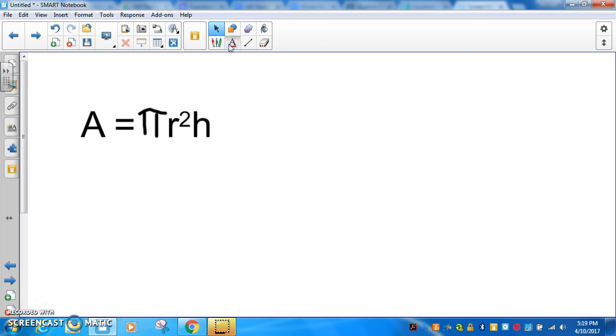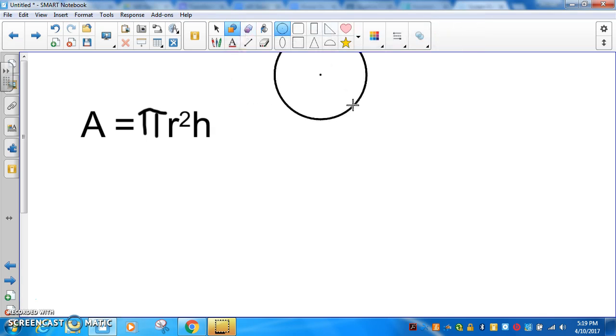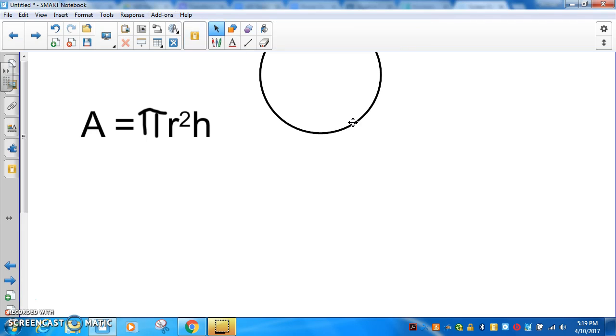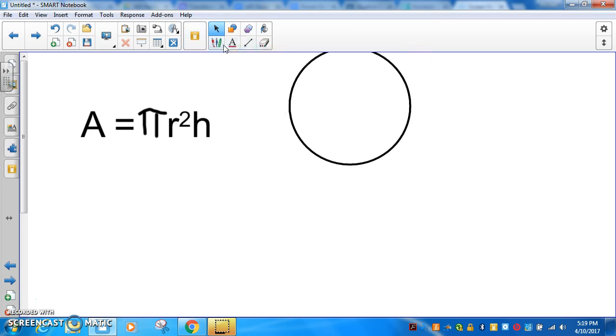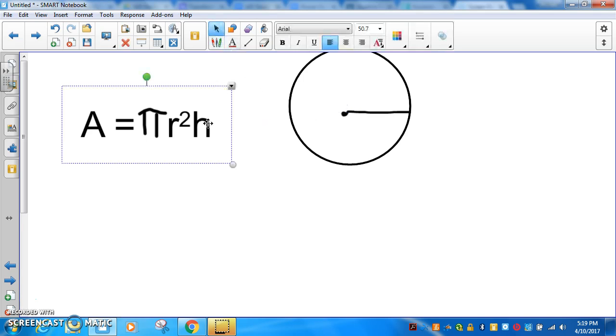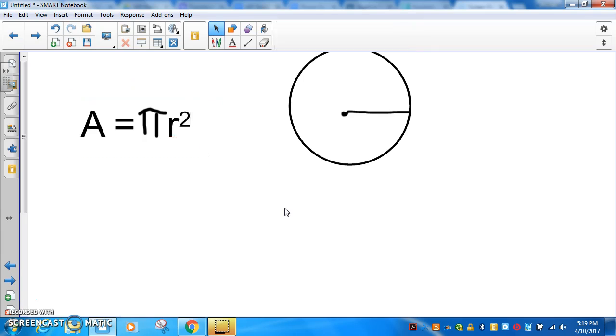So if I have a circle, to find the space inside, the area, I need to multiply pi by the radius squared times height. Oops, that's not right. It should just be pi times the radius squared. Sorry about that. So you take pi, you multiply it by this distance squared, and you've got yourself the area.